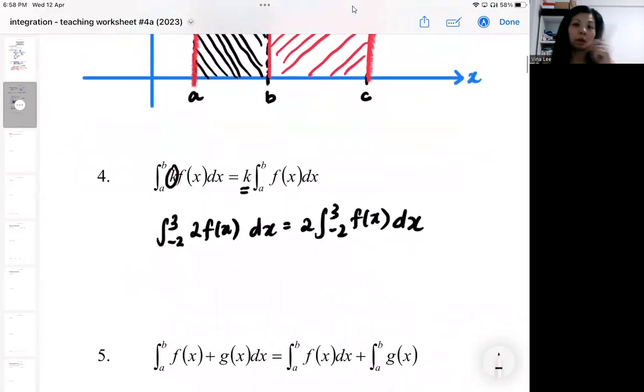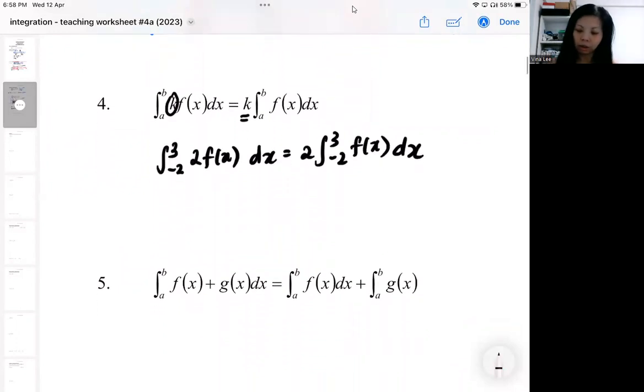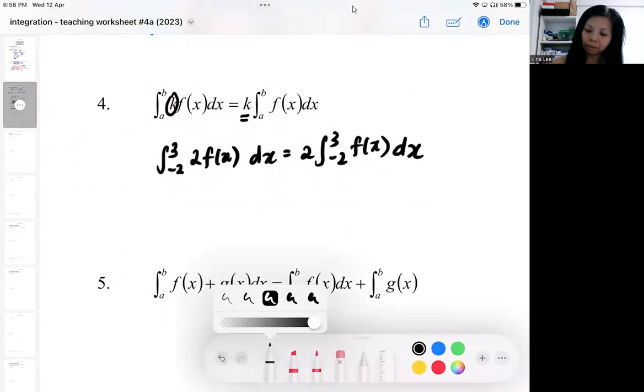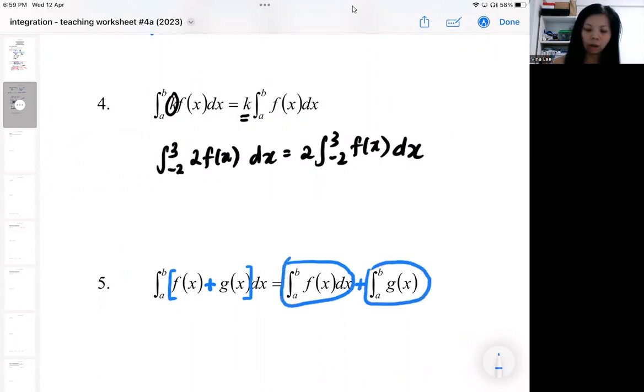Okay, so you can move a constant in and out of a definite integral. Okay, another property also quite simple. So if you do a definite integral on adding two functions, you can split them into two separate integrals. One definite integral and another definite integral. Of course, you can also minus them.